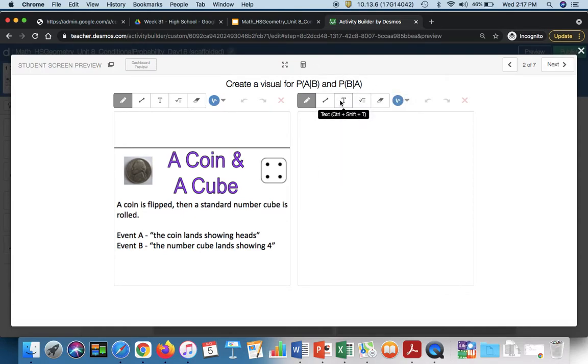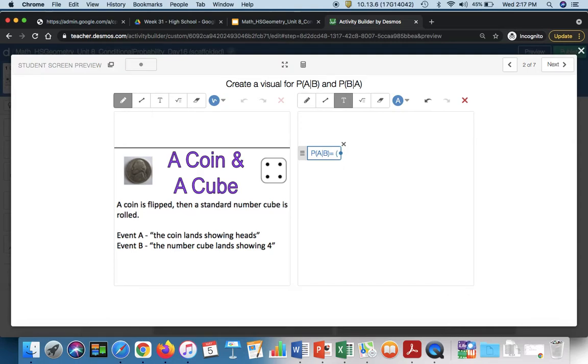Let's say I'm going to try to create a visual for the probability of A given B. B is the number cube showing 4, and event A in this case is the coin showing heads.